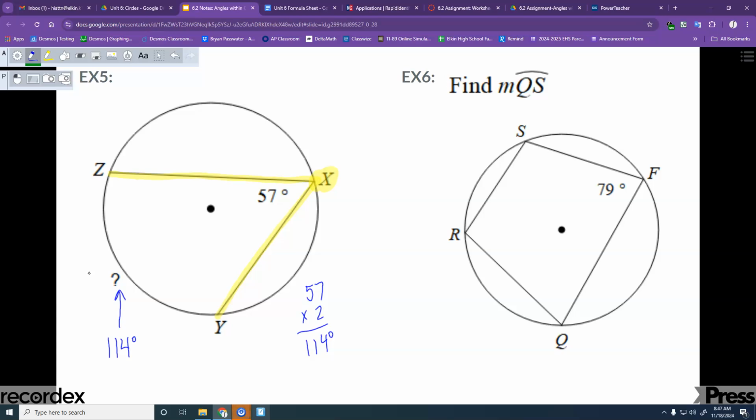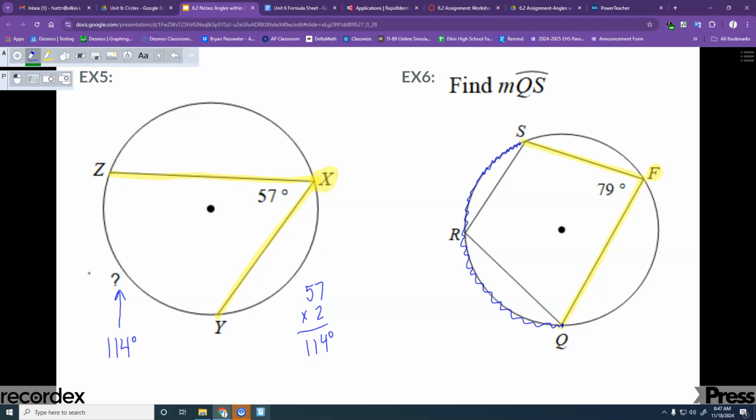All right, 6 is really just as easy, but it looks a little more complicated just because they've drawn some extra lines in here. The angle that they gave us is an inscribed angle because its vertex is right here at F. The intercepted arc that goes with it would be from one end point of that arc over here to the other end point.